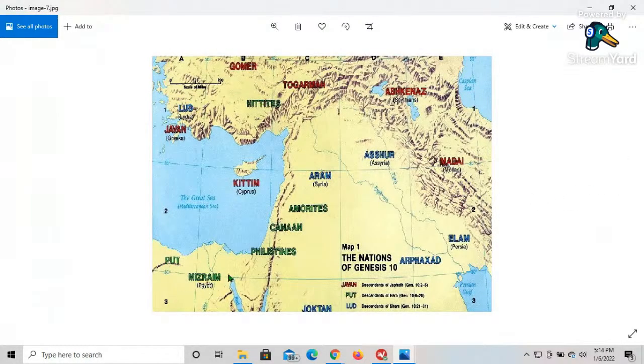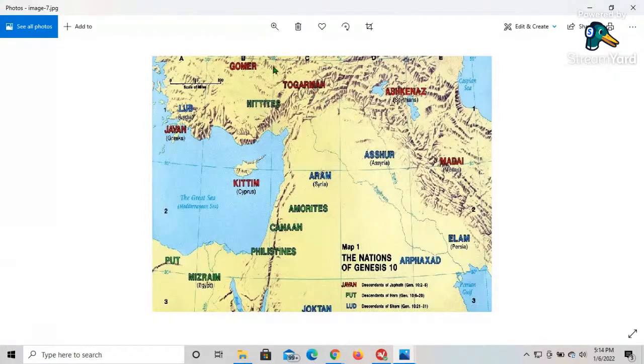Basically, the same thing. Arphaxad, Elam, Asher, Aram, and Lud. Five sons of Shem: Lud, Aram, Asher, Elam, Arpachshad. Okay, sons of Japheth: Javan, Tiras, which is not here, Gomer, Togarma.